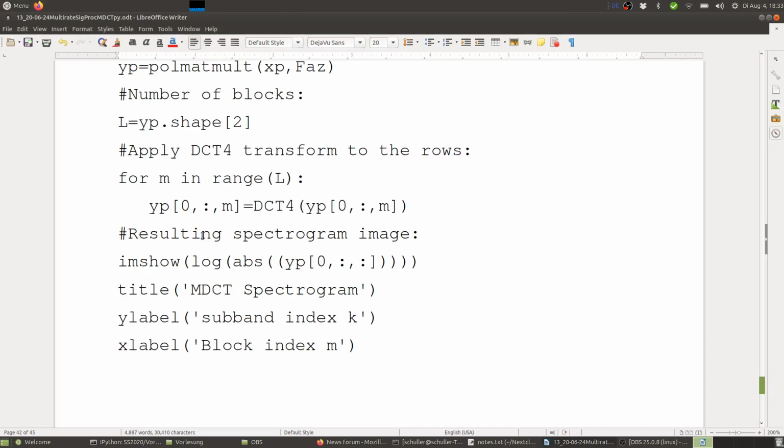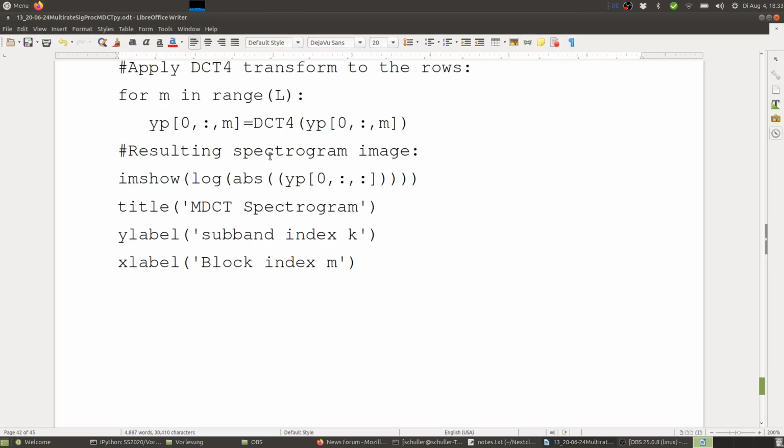And now we can look at the resulting spectrogram. So this shows us the magnitude of all the subband values, the log of it, and plots it with imshow, giving us colors for different magnitudes. And you can see here it does it for all different blocks, all different subbands, and here the 0 is a dimension which is not used for YP because it's not a matrix, it's just a row vector.